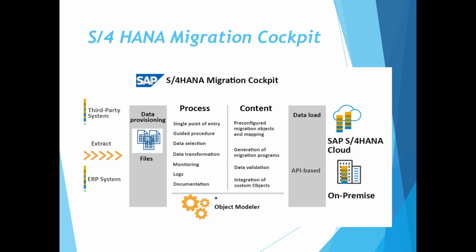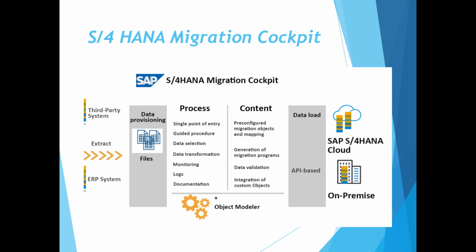So moving on to the migration cockpit, this cannot really perform the data validations, data transformations, data extractions, all that. So it requires load-ready files and it can load all of those files into S4HANA Cloud or the S4HANA on-premise system. If you look at this diagram, there are third-party systems and there are ERP systems.